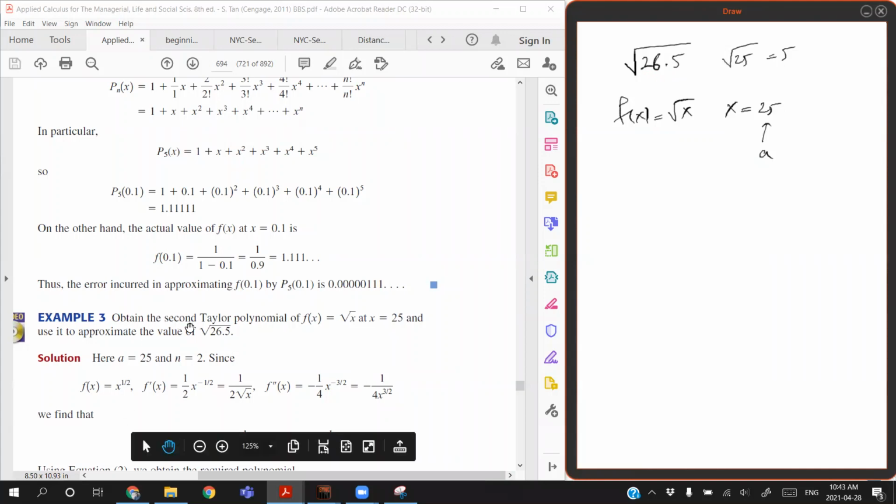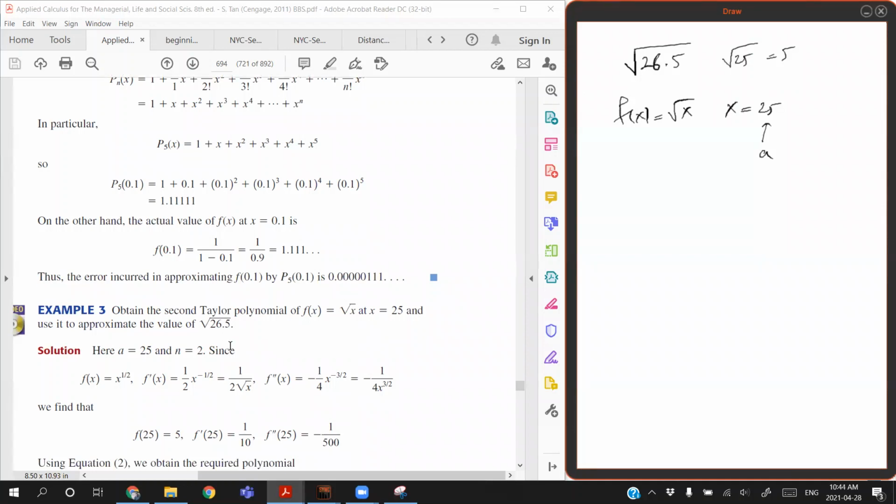So it says, obtain the second Taylor polynomial. Since we are using the second Taylor polynomial, it will be a quadratic polynomial of degree 2 for this function, centered at x equals 25, and then use it to approximate root 26.5.